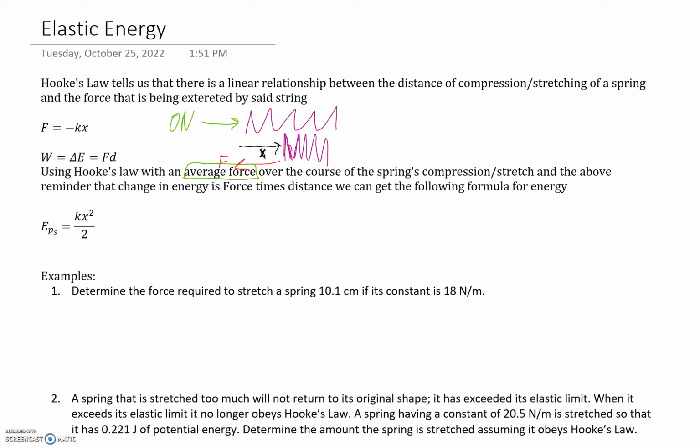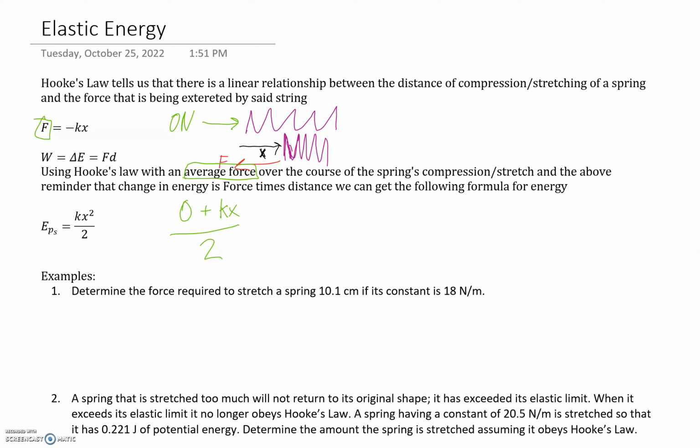But at the end, it's the newtons of force being given by this. So if we're talking about average, we say force 1 plus force 2 over 2. Right? That's a regular way of doing an average, except that force 1 is 0 and force 2 is kx.